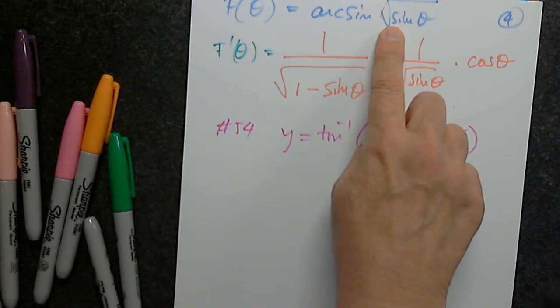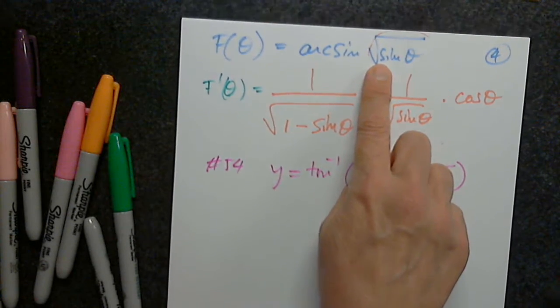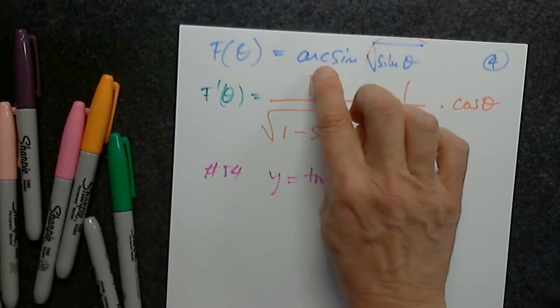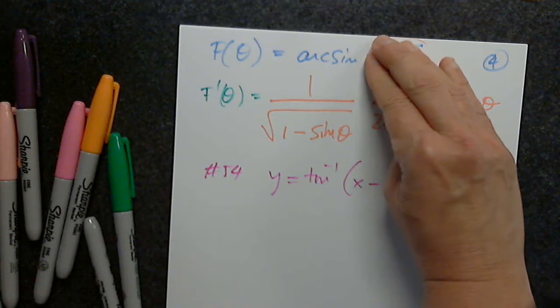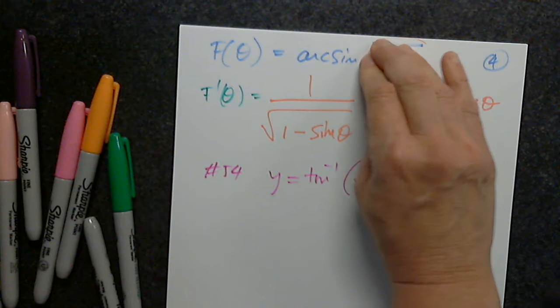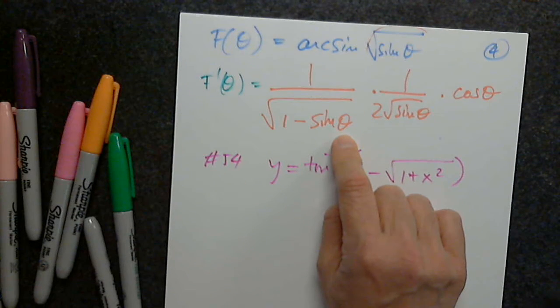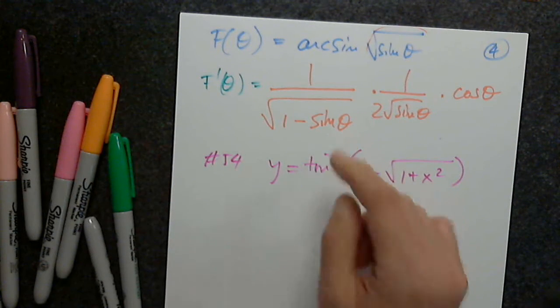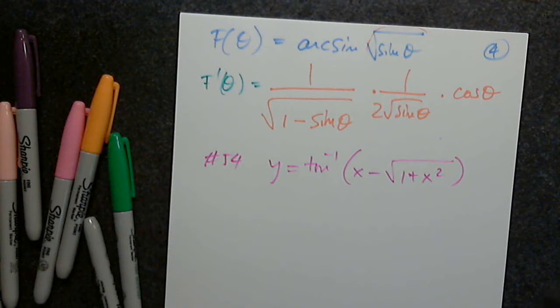But it's a square root that I have to square. But the argument inside of arcsine is the square root, so I have to square this. That's why I only get sine. Okay. Is that better? Yeah. And then times the derivative of the square root of sine, which is 1 over 2 the square root of sine, and times the inner function prime, which is cosine. Better? Yeah. Perfect.